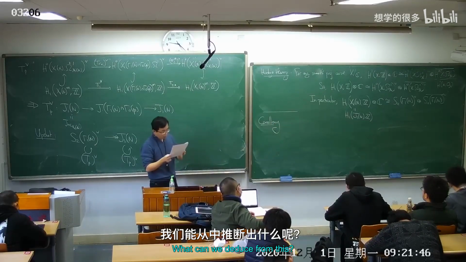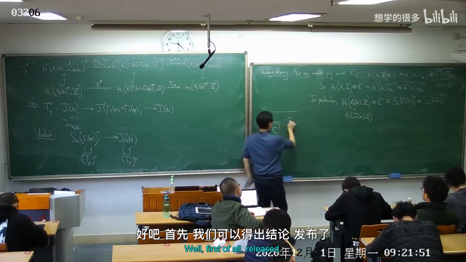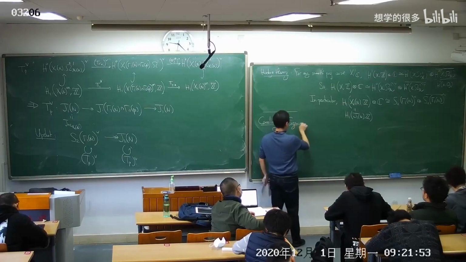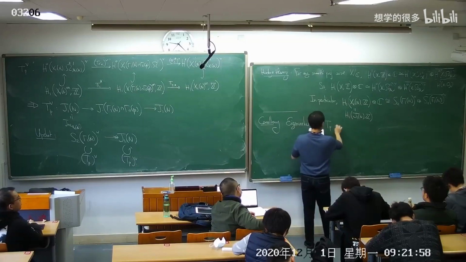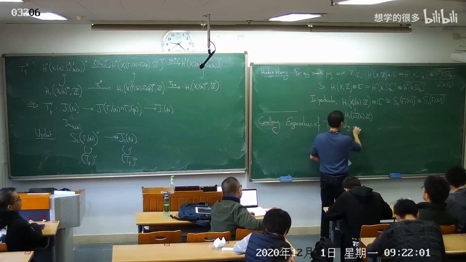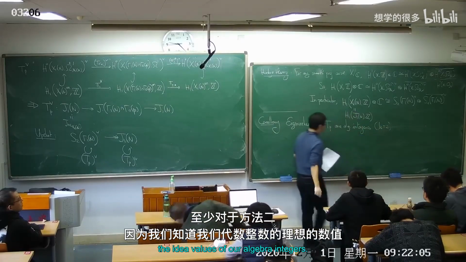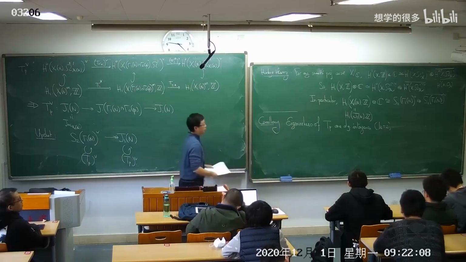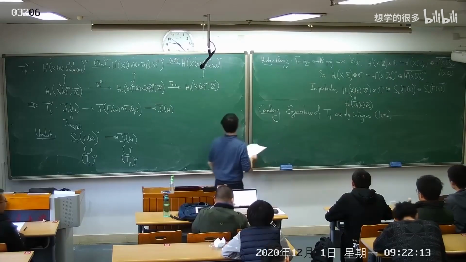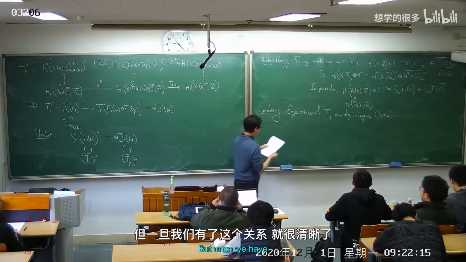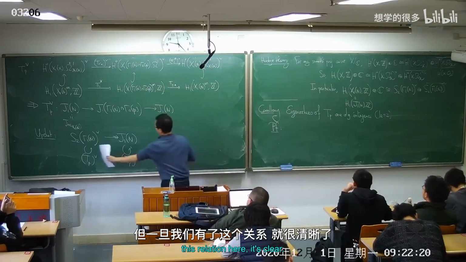What can we deduce from these? Well, first of all, at least for the weight 2 case, we know the eigenvalues of T_p are algebraic integers. That's not very clear when you talk about modular forms, but once we have this relation here, it's clear.